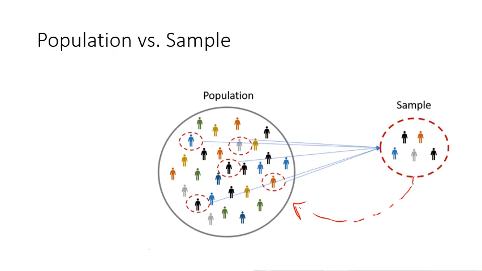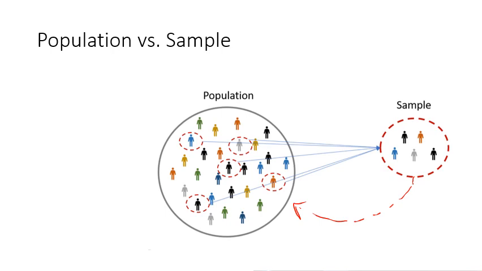So we have a population of individuals, and we need to draw from that population a sample of individuals, because we can't often study the entire population. It's too many, it's too costly, it's too challenging to find all those people. And so we want to do our best to draw a sample at random, which means that every individual in this population has an equal chance of being selected, just like every bean in the pot, once you stir it up, has an equal chance of being selected.